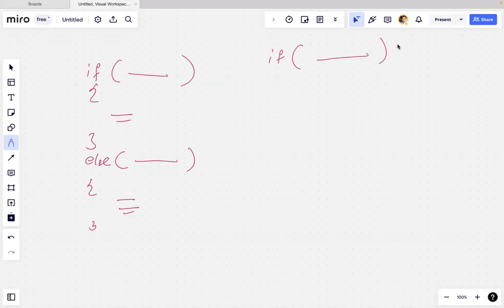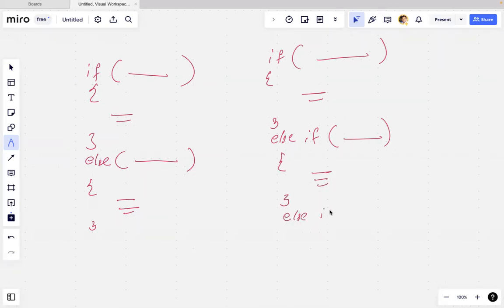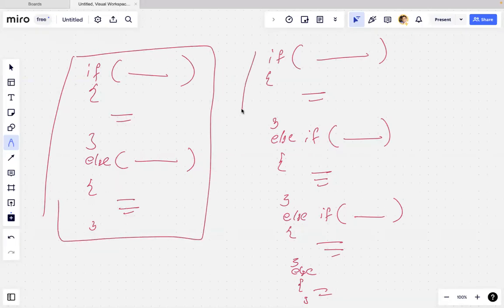If whatever the condition, you can write anything, else if another condition, then write anything, else if another condition, then write anything, else you can write another thing. So this is a usual if-else statement. This is an if-else ladder.